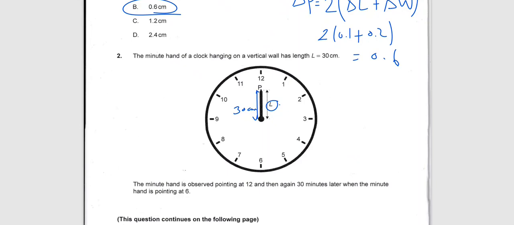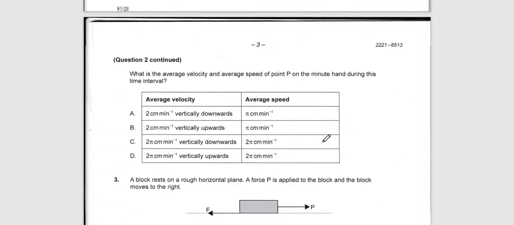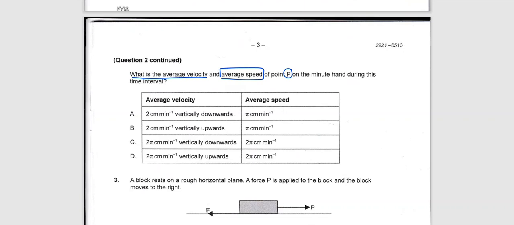So at the beginning it was pointing at 12, and then 30 minutes later it's pointing at 6. What is the question? What is the average velocity and the average speed of the point B on the minute hand during this time interval?